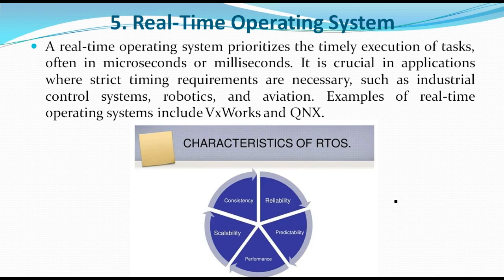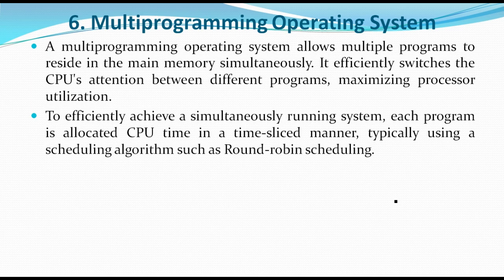Therefore, in a multi-programming operating system, the system allows multiple programs to reside in the main memory simultaneously. It efficiently switches the CPU attention between different programs, maximizing processor utilization.